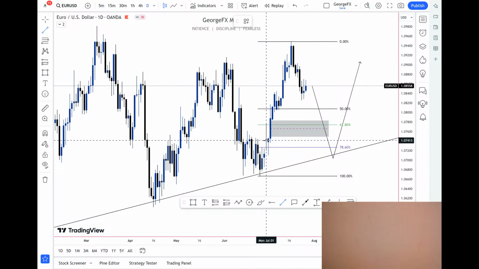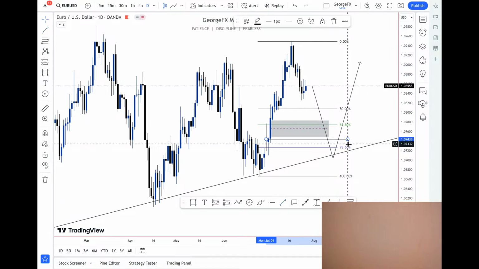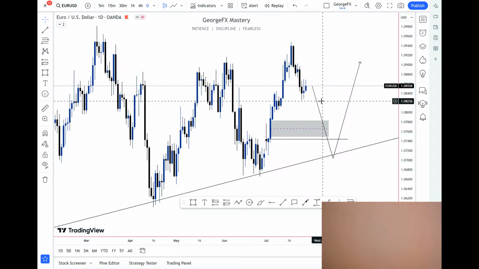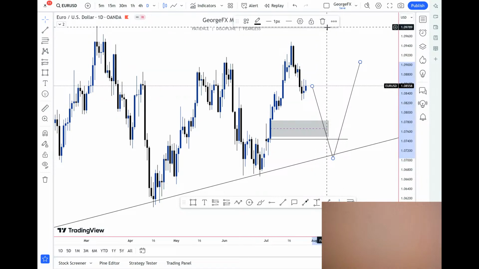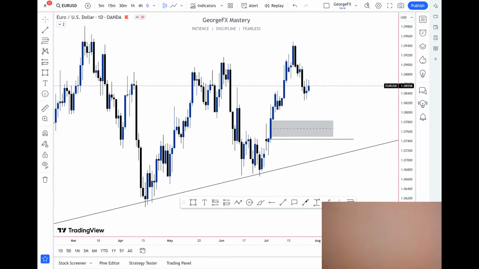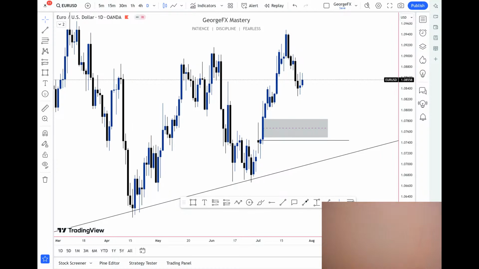So this is our A+ OB. Now you can delete the fib after you've marked them, because it's not very important, remember. The fib is just to show you the golden zone, or the 50% and the 61% levels. That is the work of the Fibonacci tool.